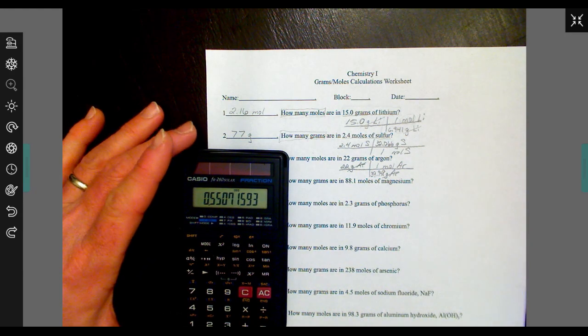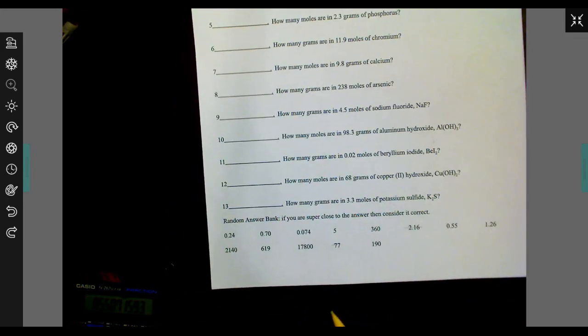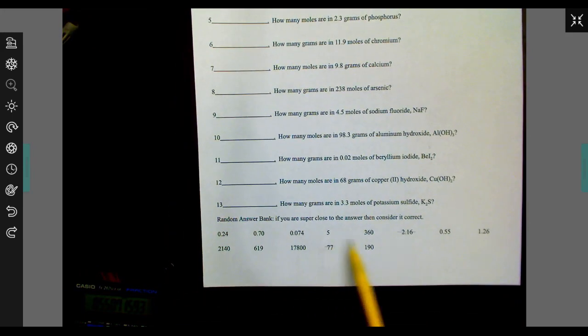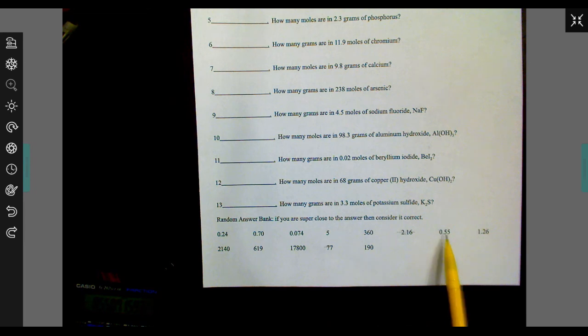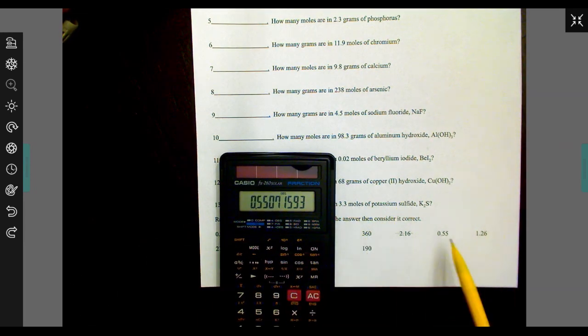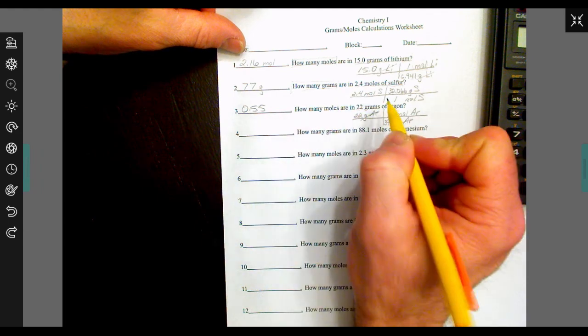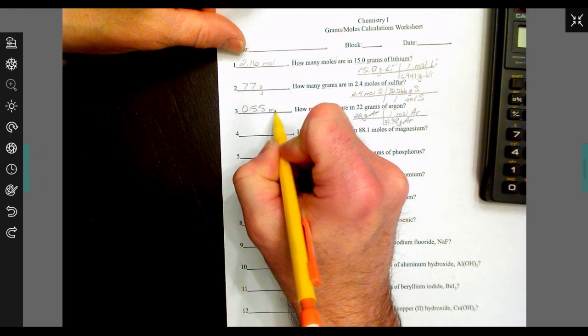All right, so we go to the very bottom, answer bank, see if there's anything that looks like that. And yes, right here, 0.55. That would match our 0.55. Boy, that's great. Label, moles.